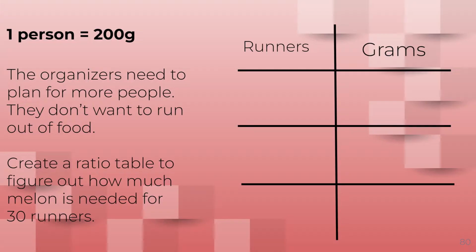Okay, so now let's take a look at the same type of thing where we're going to look at 30 runners. So if I have one runner and they get 200 grams, the most efficient thing to do is to go up to 3 runners, which would give me 600 grams. And then I could do 30 runners to get 6,000 grams.